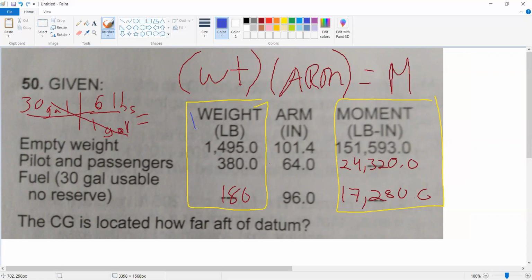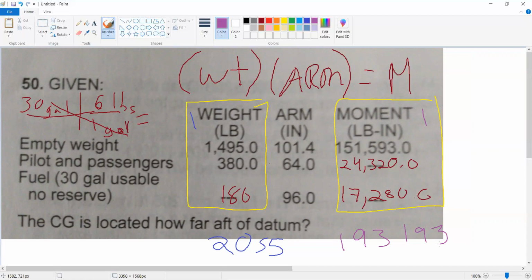When we add them all together, we're left with 2,055. And then when we tally the moments column, we're left with 193,193. The decimals are all zero, so I didn't add them there. Next, all we have to do is divide.